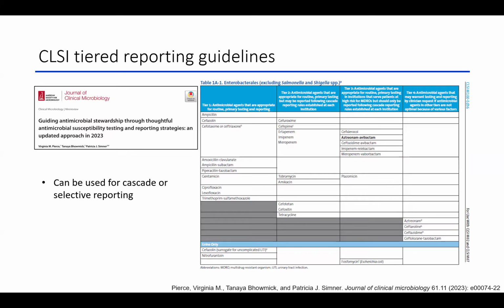Selective reporting is where you test a frontline group. And then if that is resistant or meets certain criteria, you're going to test another panel. It helps you define what would be good candidates in both the preliminary reporting and the reflex, depending on your patient population.